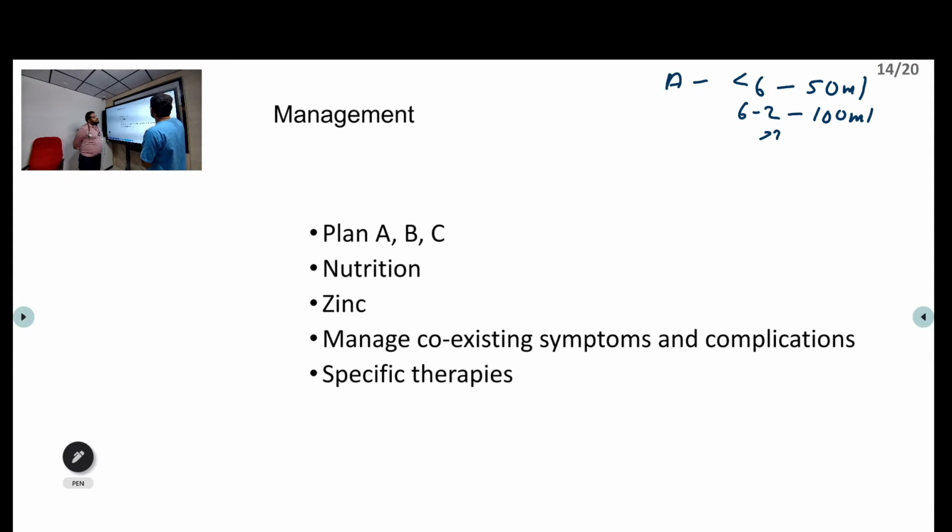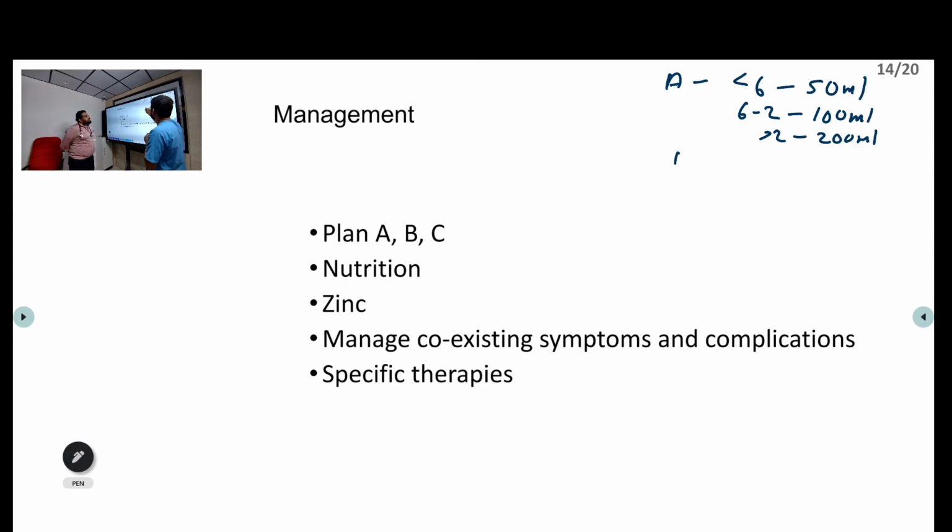And more than 2 years, we will go with 200 ml of ORS for every single episode of loose stools. This is the additional fluid that is required. Genuinely you require fluid, you need to replace that fluid. If the child is able to take that, that is well and good. This is the additional replacement that you need to give after each episode. That is plan A with no dehydration.